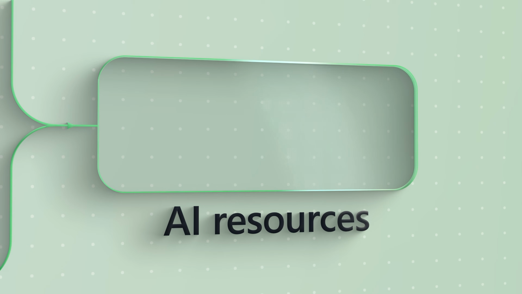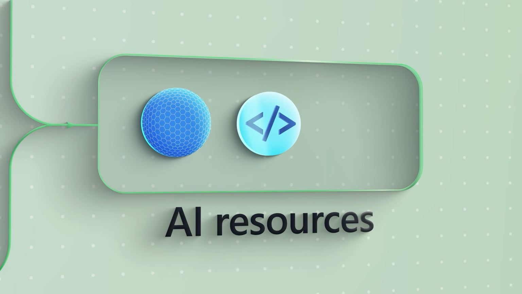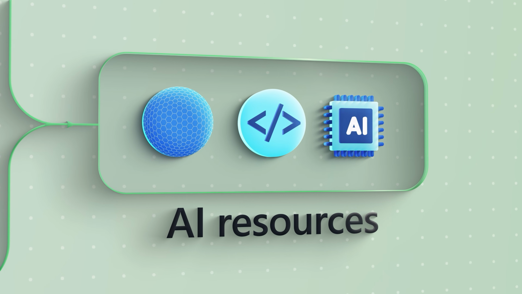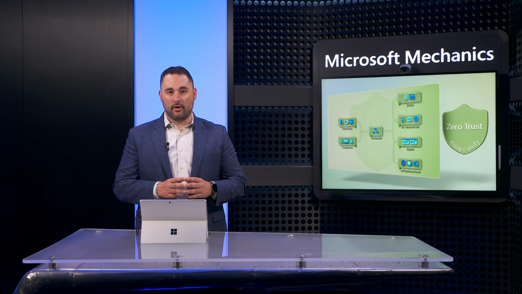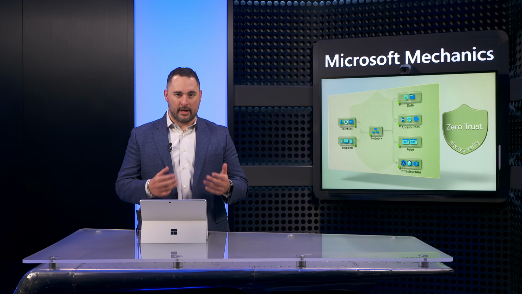Equally, AI resources, models, agents, APIs, data pipelines, and compute are critical components of your Zero Trust architecture. If compromised, they can leak sensitive data, generate malicious outputs, or enable lateral movement across systems. Protection means securing the resources themselves, not just access.